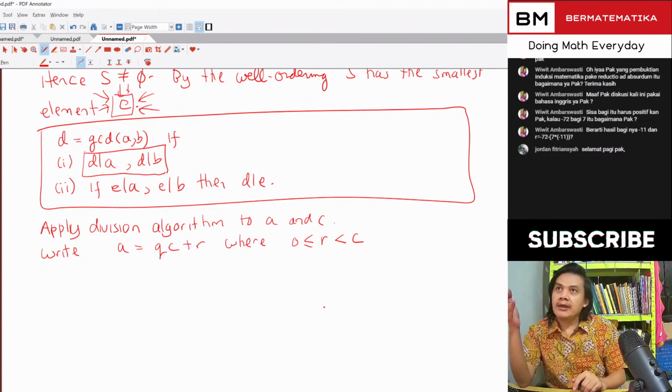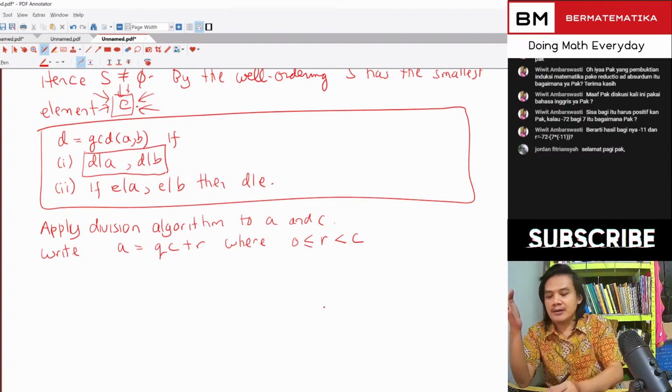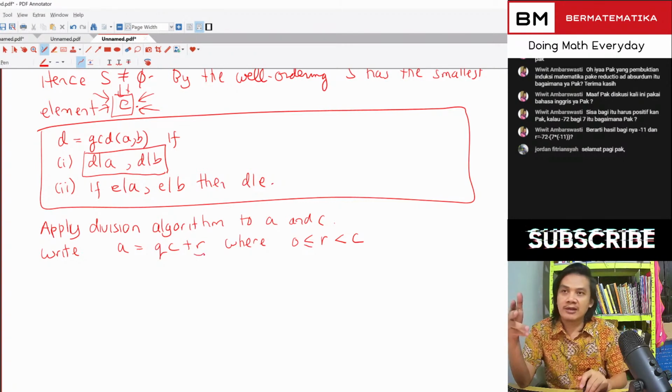So if C is not a divisor of A, then the remainder must be greater than 0, right? Since we want to show that C is indeed a divisor of A, we want to prove that R is equal to 0. So let's see what's going to happen if R is non-zero.